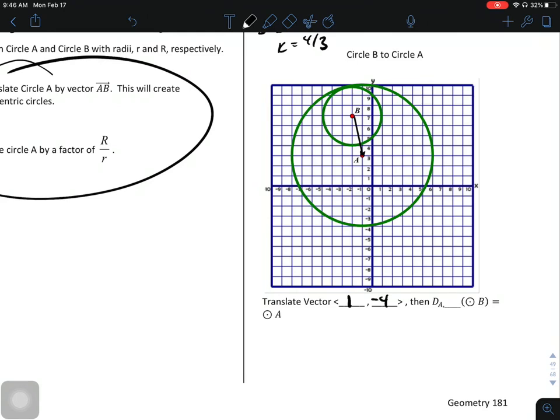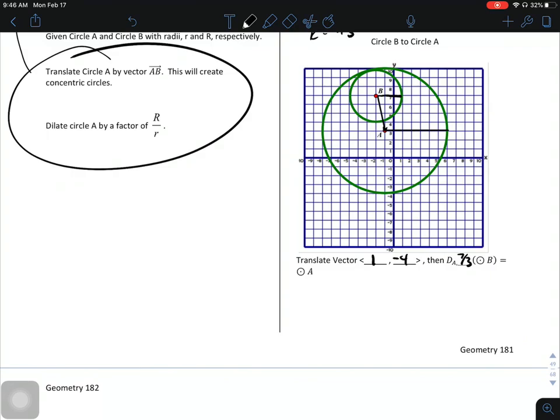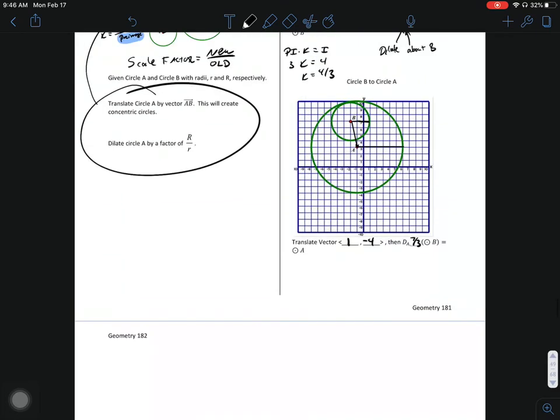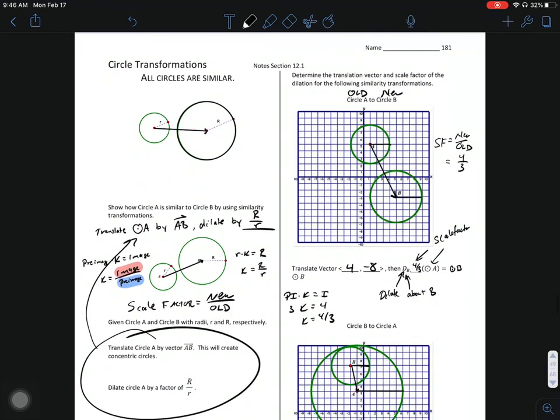And then we have to dilate about point A. The new radius, 1, 2, 3, 4, 5, 6, 7, over the old radius, 1, 2, 3. Dilate by 7/3. Cool? Cool. That concludes the notes for Section 12.1.